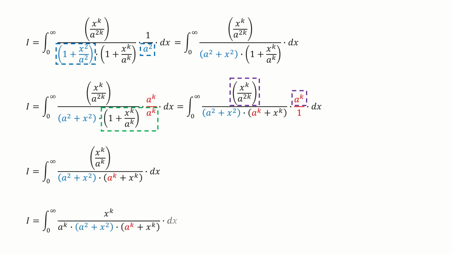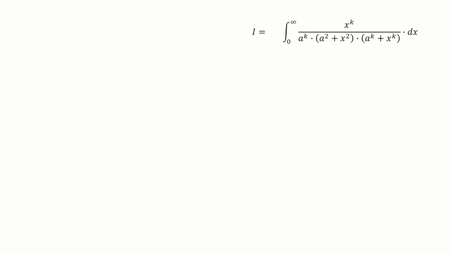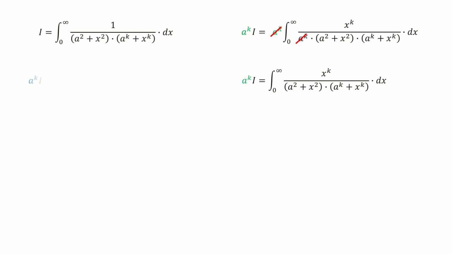And then we put the a to the power k into the denominator. I copy it here. And next, we multiply a to the power k on both sides. So these two terms cancel out. And we got here. And record the original problem.